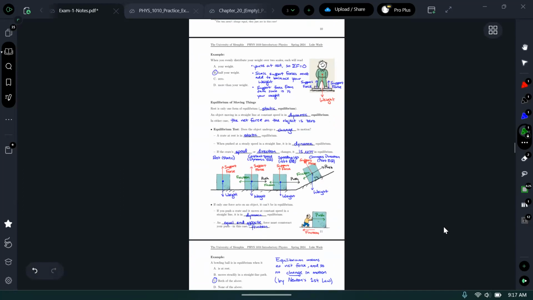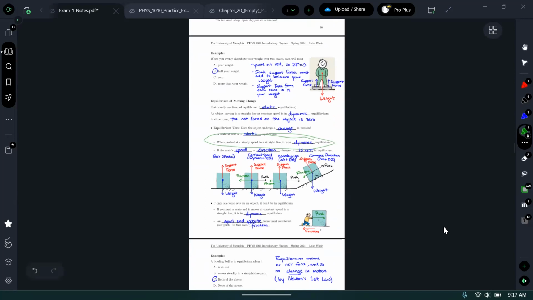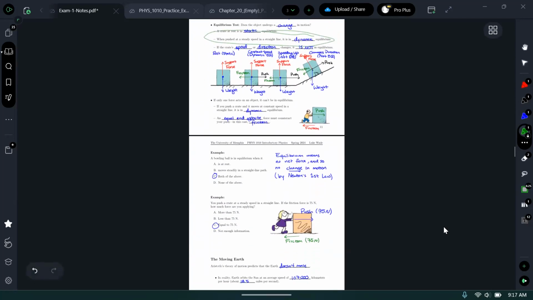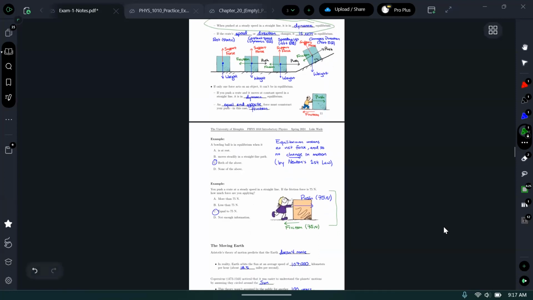Knowing that both static and dynamic equilibrium are possibilities, meaning static equilibrium is something at rest, dynamic is something moving in a straight line at constant speed, we looked at how those can each happen. As far as numerical questions, ones like this, where you're told that something's sliding at a constant speed in a straight line, you can infer that the net force is zero, and that would mean that if you're given one force, the other force has to balance it out.